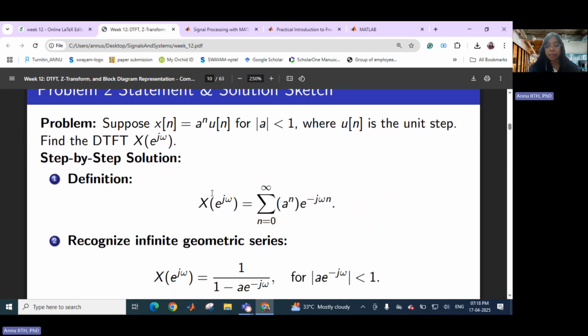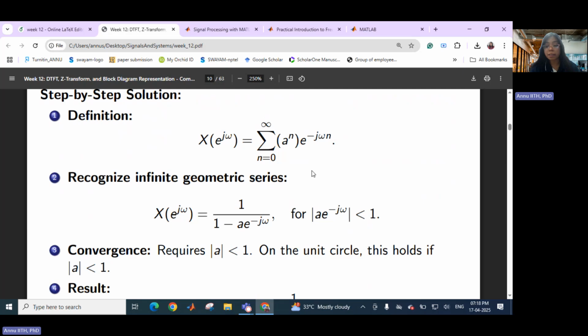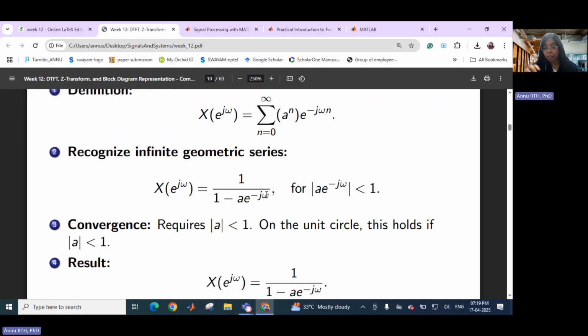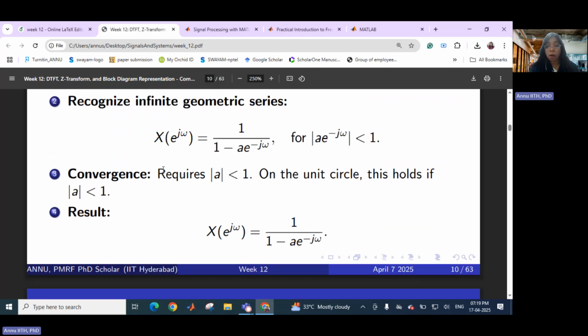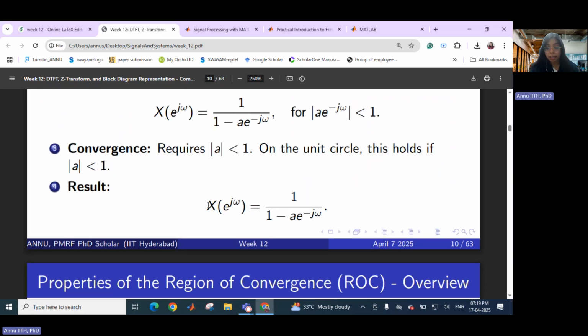For the infinite geometric series, the formula is 1 upon 1 minus r, where r is the ratio, that is a e to the power minus j omega. The convergence requires mod of a less than 1. On the unit circle, this holds if mod of a is less than 1. The result is X of e to the power j omega equals 1 upon 1 minus a e to the power minus j omega.